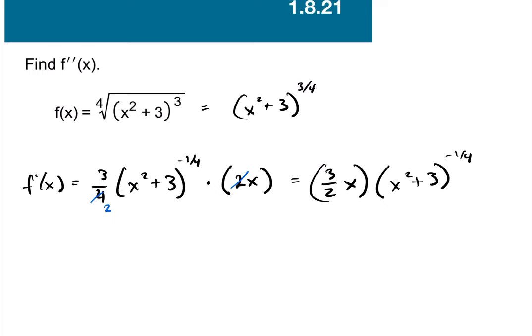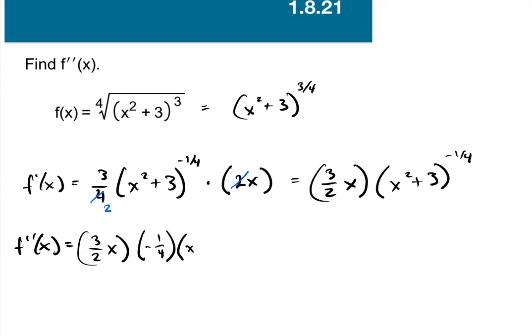Okay. So then we have to use the product rule when we're going to take the second derivative, so f double prime of x. First times the derivative of the second plus the second times the derivative of the first. So the first is this 3/2 x. The derivative of the second, the negative 1 by 4 comes down.